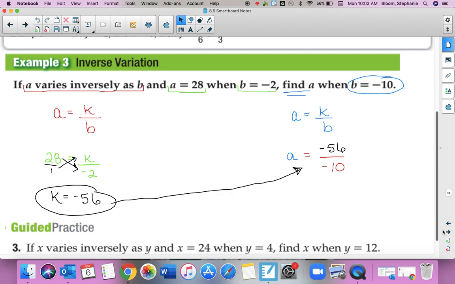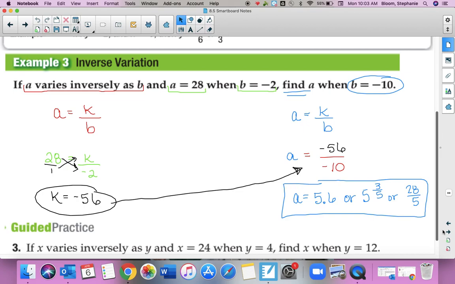So -56 divided by -10, you could say is either 5.6, or you could write it as a mixed number, or you could write it as an improper fraction, either way. And that would be my answer.